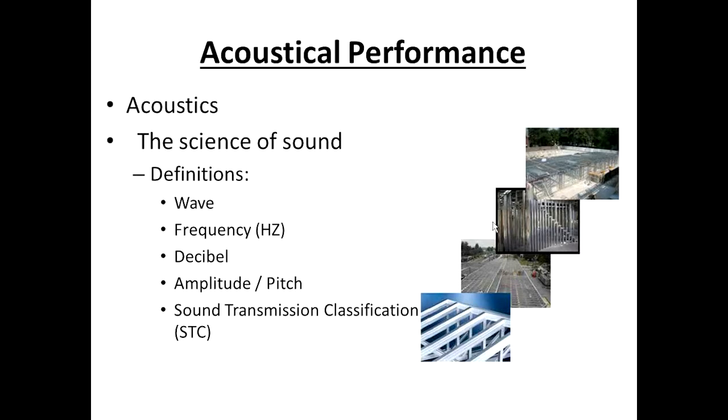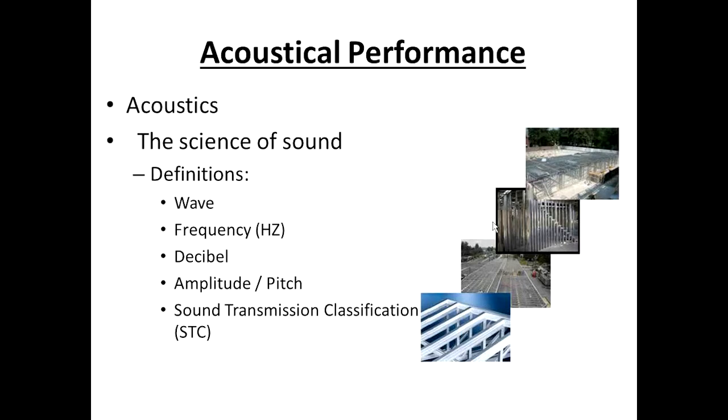The range of frequency that the normal human ear can perceive is approximately 20 cycles per second, which is extremely low, to 20,000 cycles or hertz at the high end.